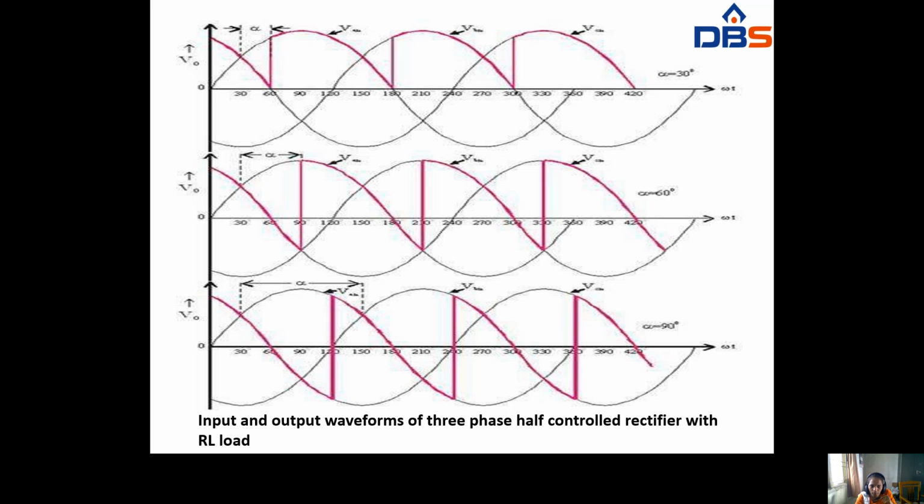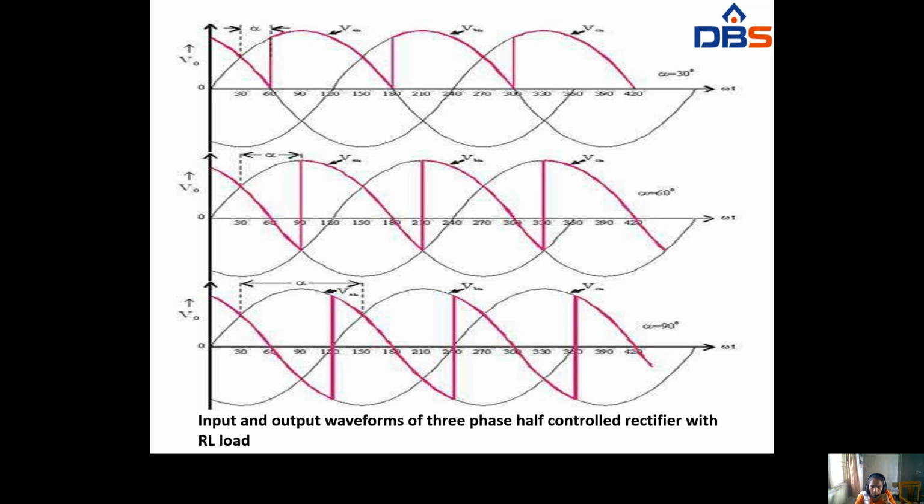The output waveform marked in red is at alpha equal to 30 degrees. It starts conducting at 30 degrees and conducts up to 180 degrees, and after that it conducts from 180 to 300 and 300 to 420.